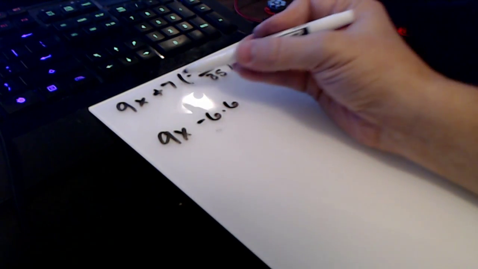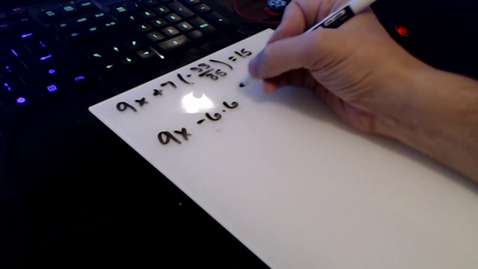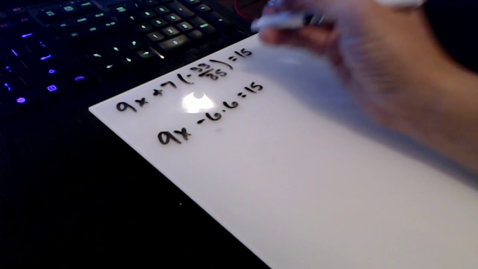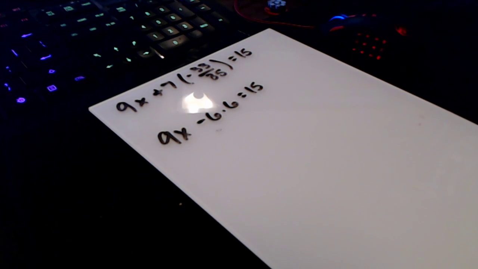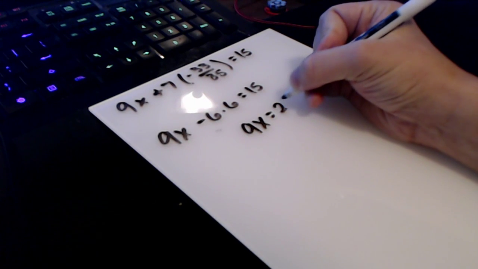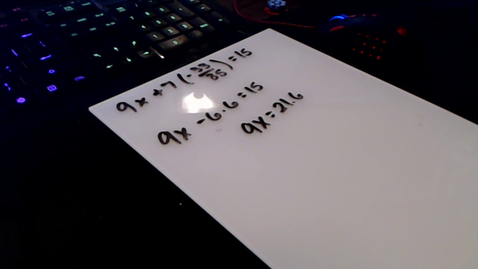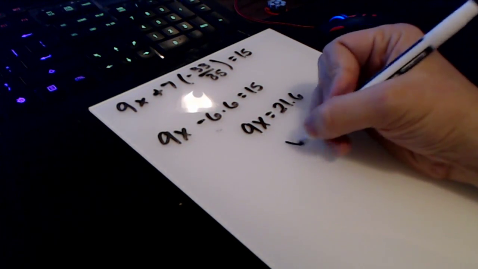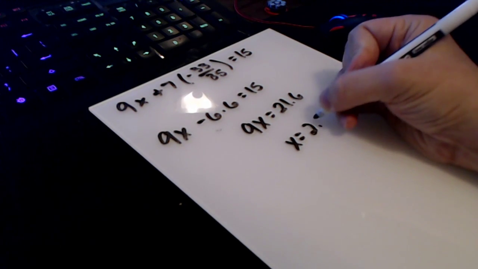And really, we could have done that here and did some nice reducing there, but it's not that big a deal. And then we're going to say 15 plus 6.6 to both sides and get 21.6. So 9x is equal to 21.6. We're going to divide that by 9, and x is going to equal 2.4.